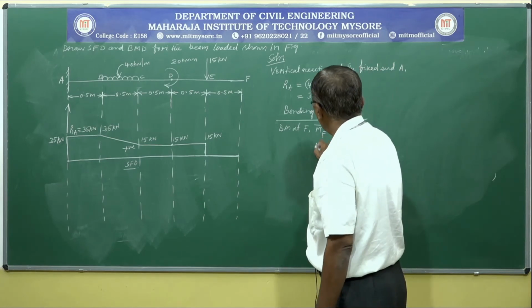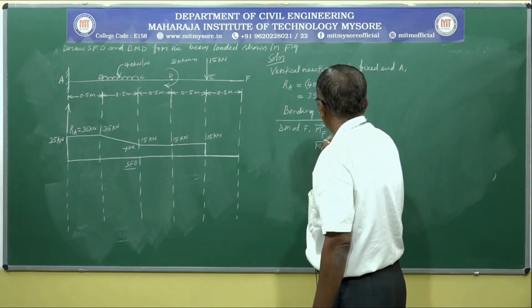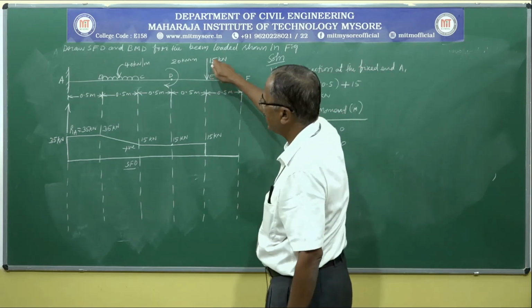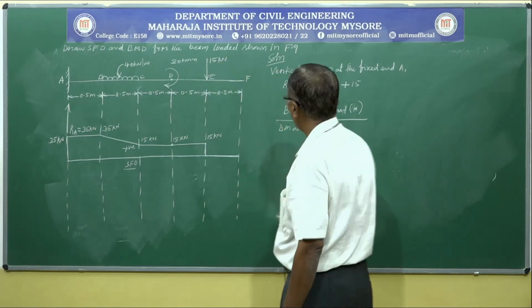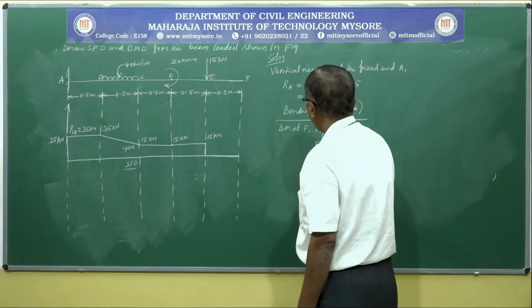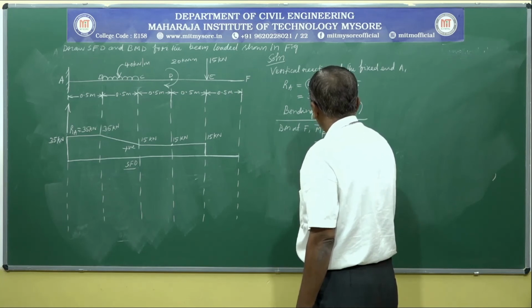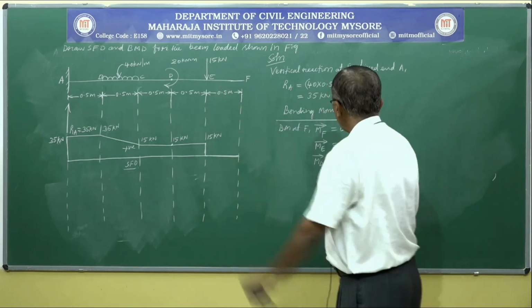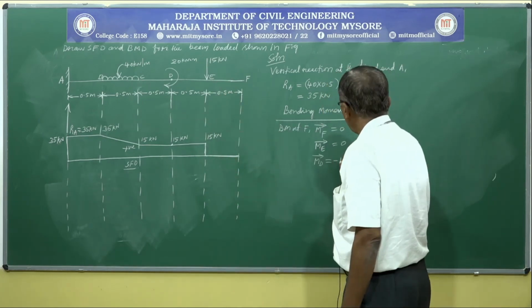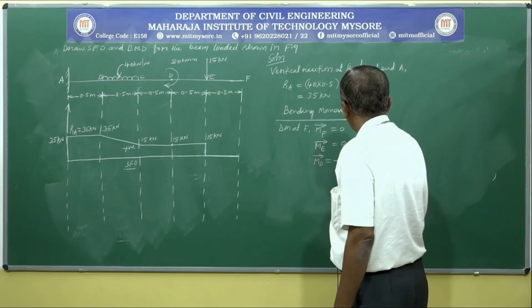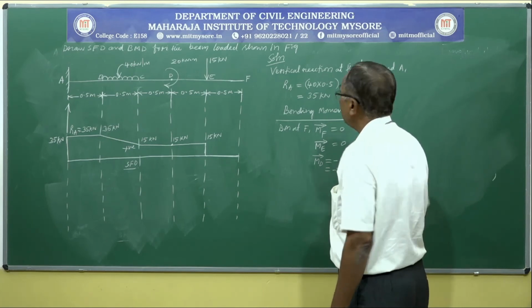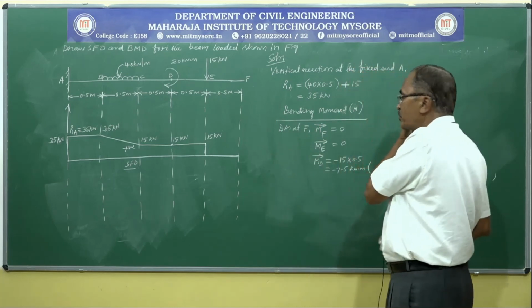Next, bending moment at E, ME is equal to 0. Of course, a point load is there, it will not create any moment, hence it is 0. Next, bending moment at D, MD, again by considering the right hand side. So this will create a clockwise moment, minus 15 into 0.5 is equal to 7.5 kilonewton meter.